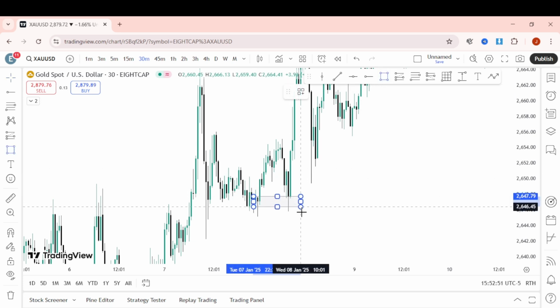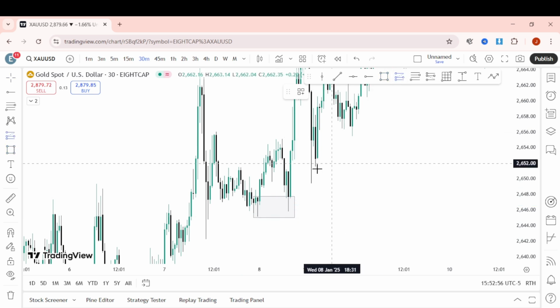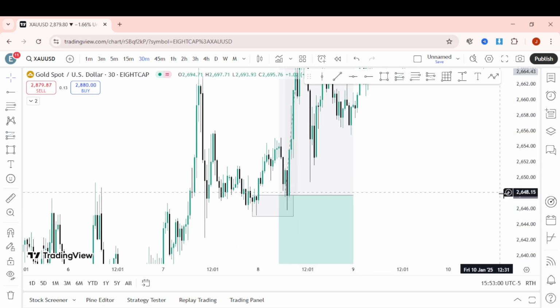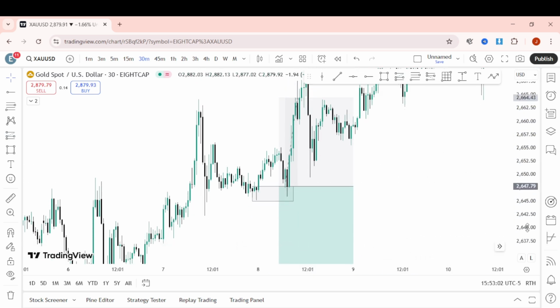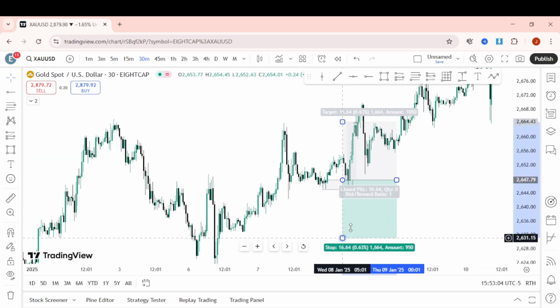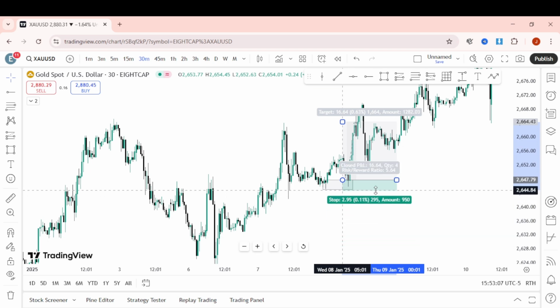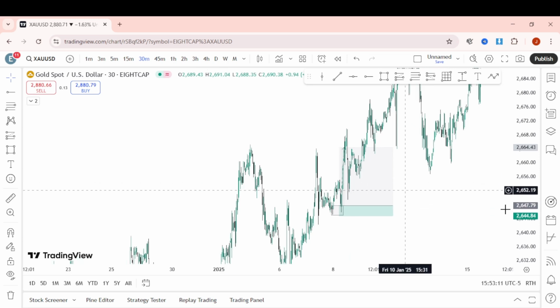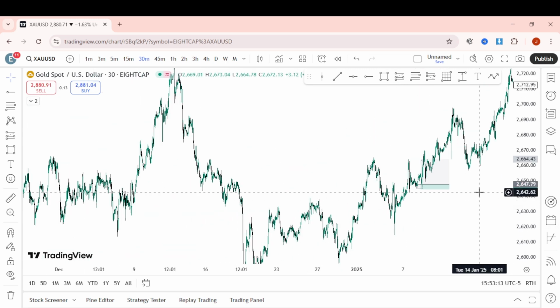Okay, I think I need to show you why this is very crazy, because some of you might not know actually how incredible this is. So let me just show you how many ratio you could have made on this trade alone. Let's try to get our TP.